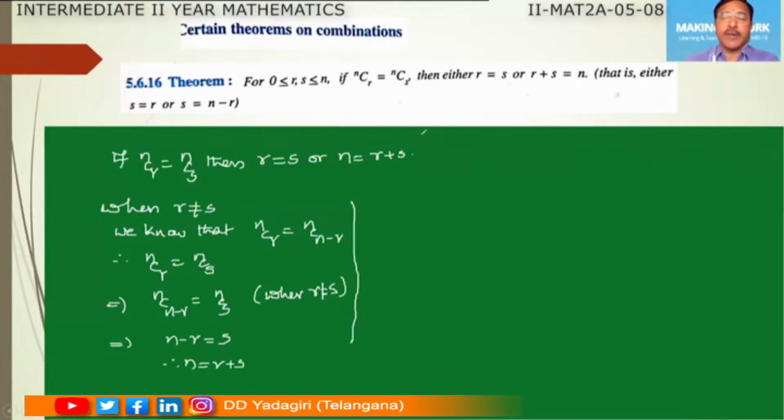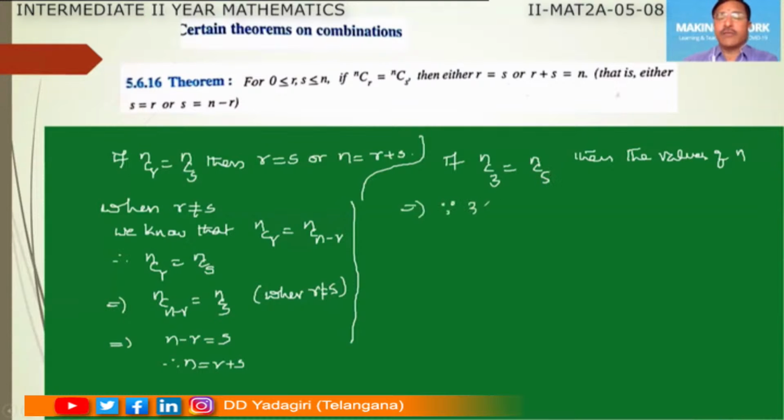So this formula is applied like: if nC3 is equal to nC5, then find the value of n. So now here nC3 is equal to nC5.